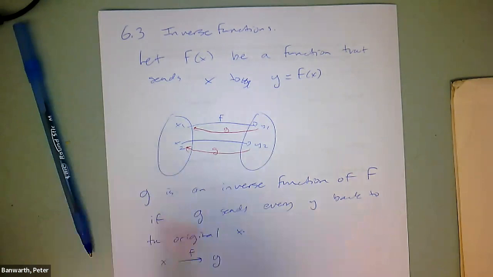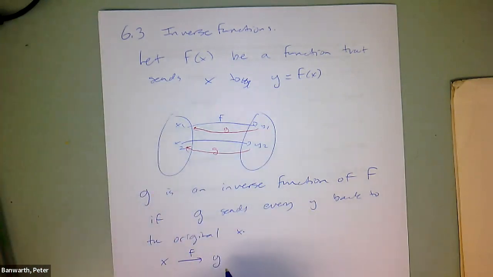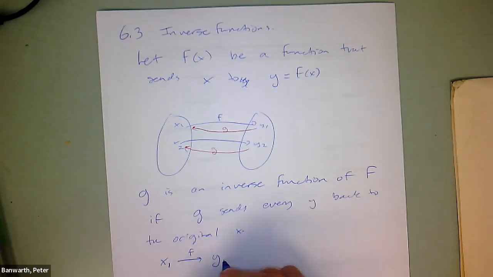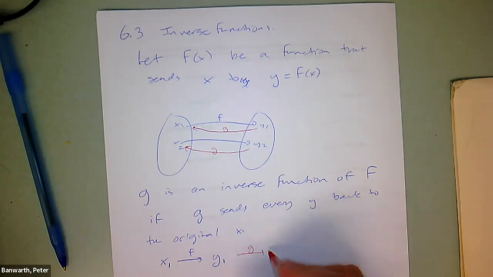So x1 goes to y1. If I then send y1 through my g function and I get back to x1, then that's an inverse.